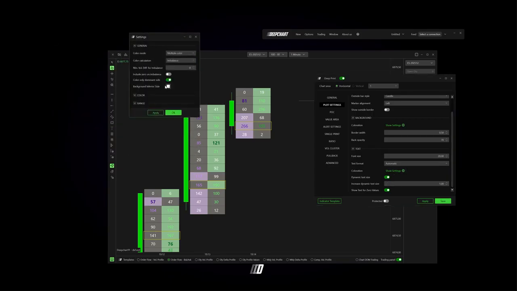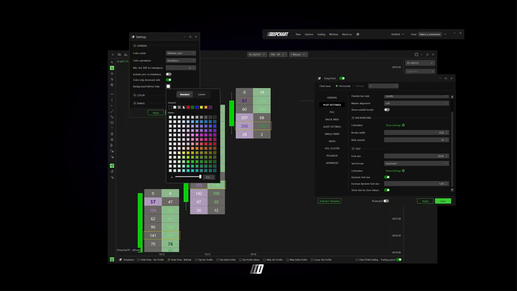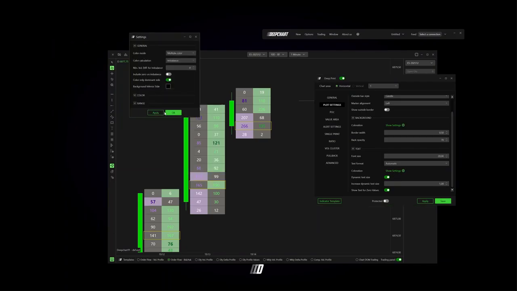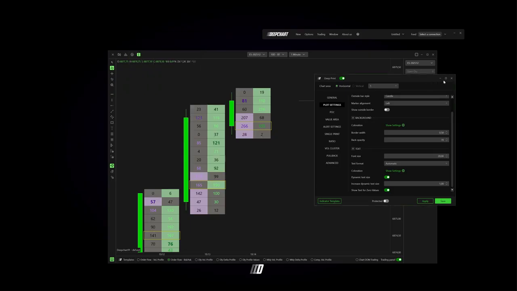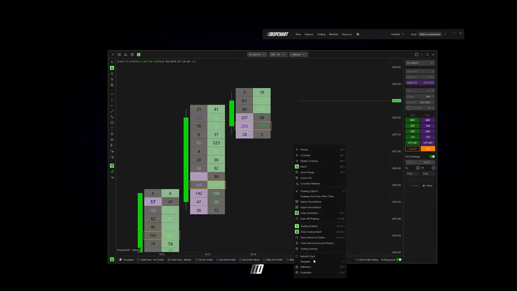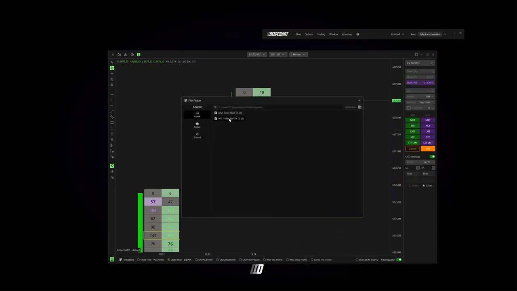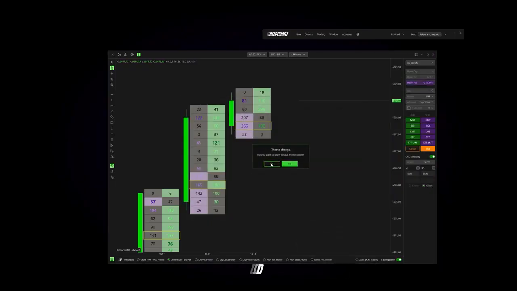Yeah, text settings coloration. I'm going to put it black. Yes, I prefer it, for example, like this. But to be honest, I have my template for this. My 1 minute entry template.